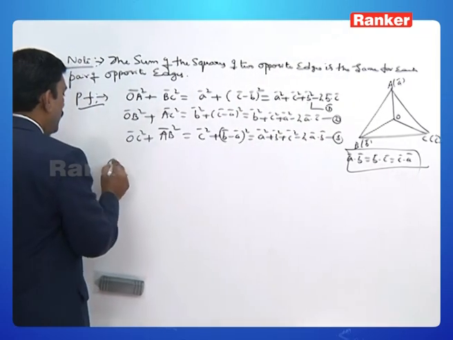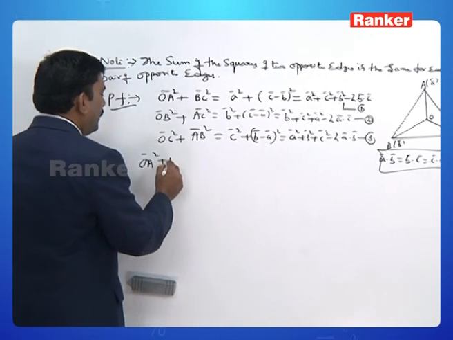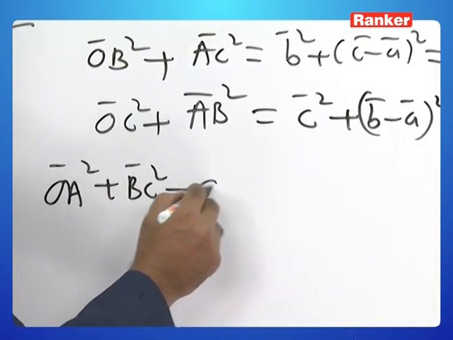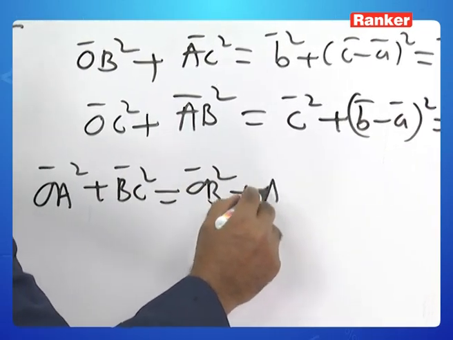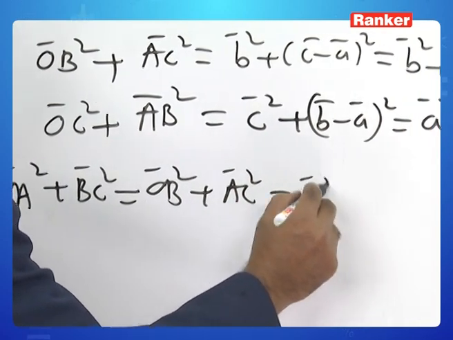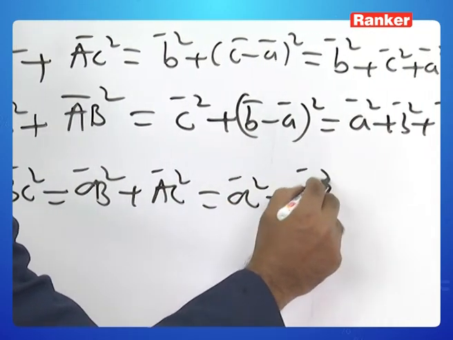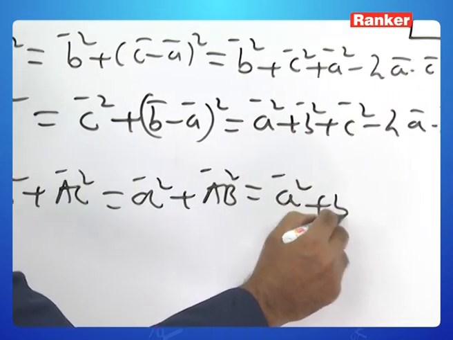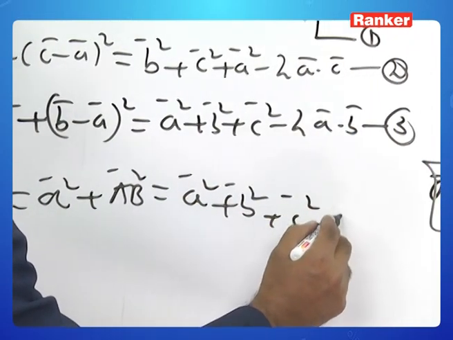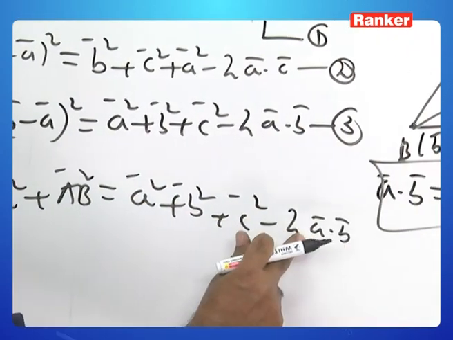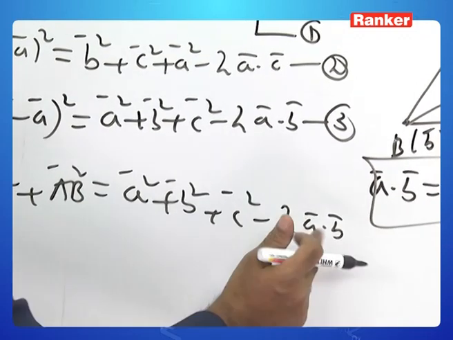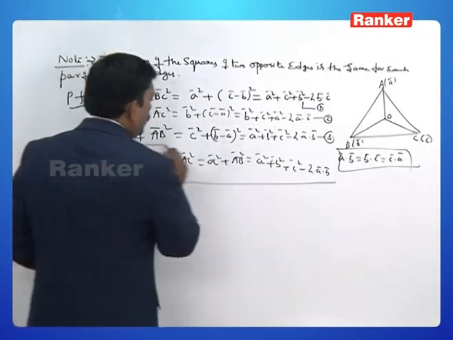So therefore I can write OA bar square plus BC bar square, OB bar square plus AC bar square, OC bar square plus AB bar square is equal to A bar square plus B bar square plus C bar square minus 2 into A dot B, or 2 into B dot C, or 2 into C dot A. All are the same.